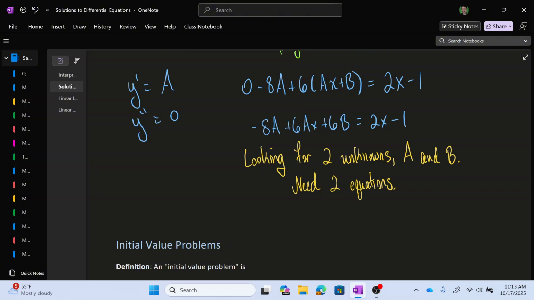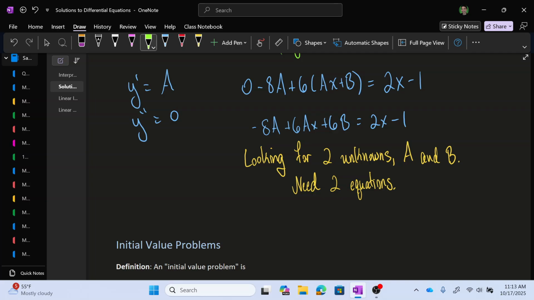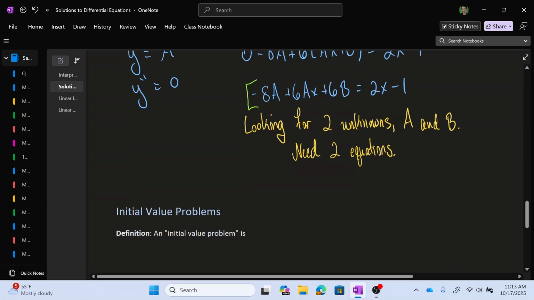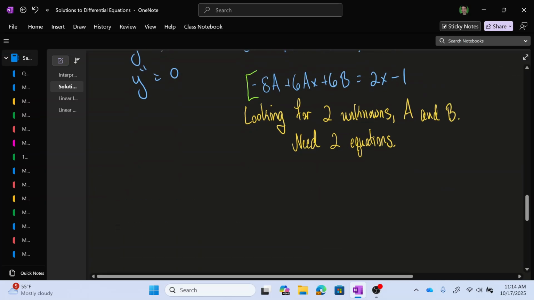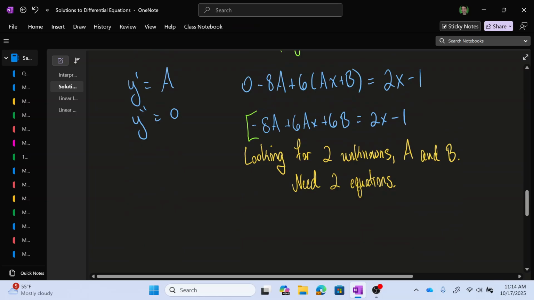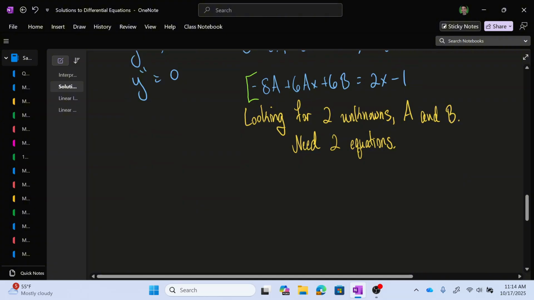Right now, I only have this one equation, which isn't enough data just yet to find the values of the two unknowns A and B. However, what I'm going to do is take this single equation that we have found by plugging my template into my ODE, and split this into two separate equations by looking separately at the terms containing x and the terms that do not contain x.